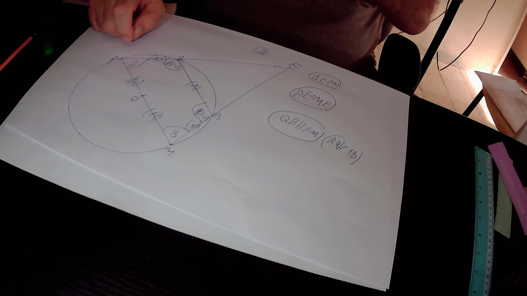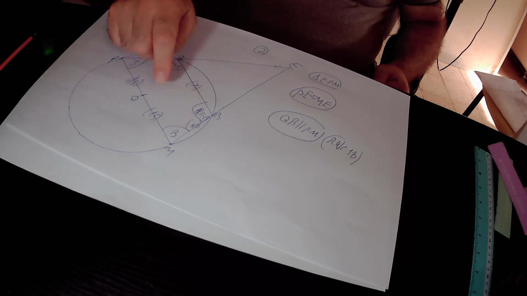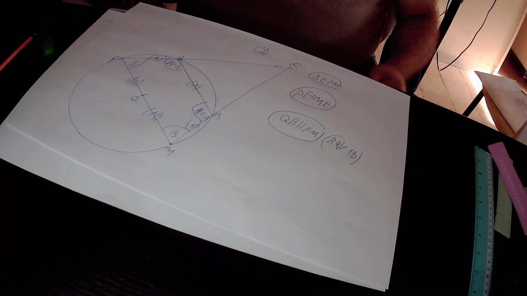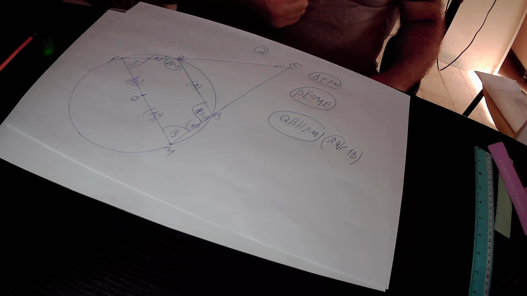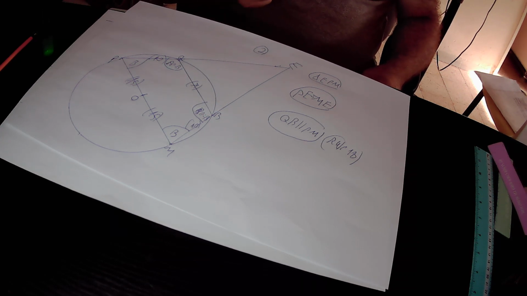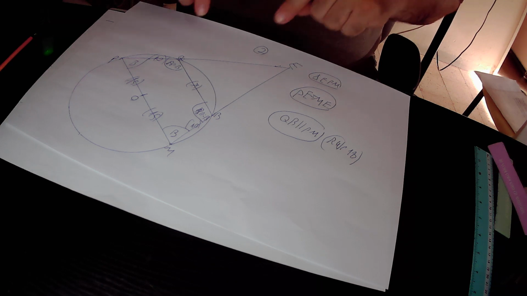Okay. In the next step, I completed this semicircle to a circle, and in the drawing we have quadrangle PQBM that is inscribed by this circle, and according to rule 16, in any quadrangle that is inscribed by a circle, the sum of its two opposite angles must be equal to 180 degrees.